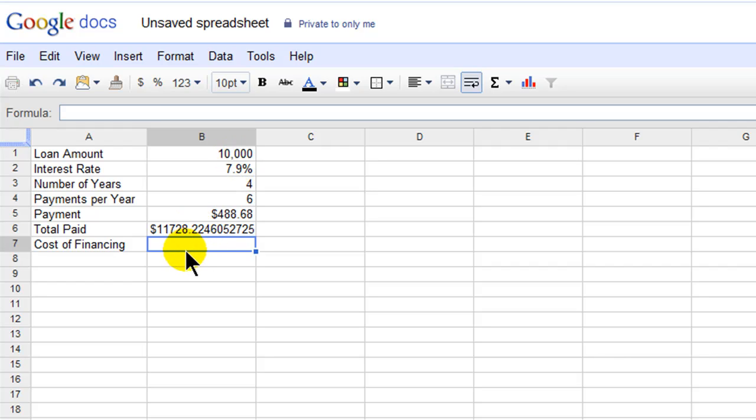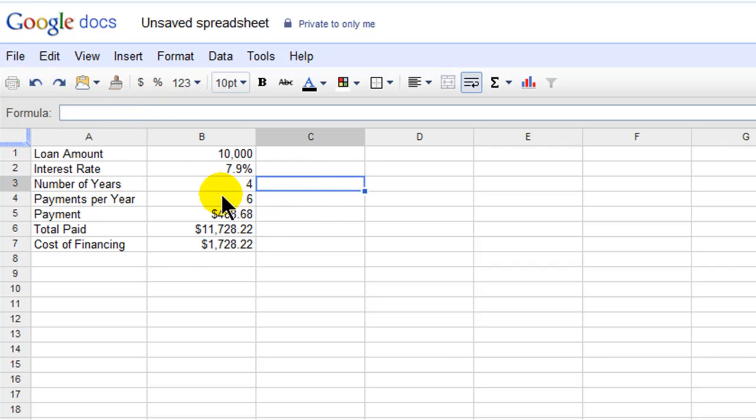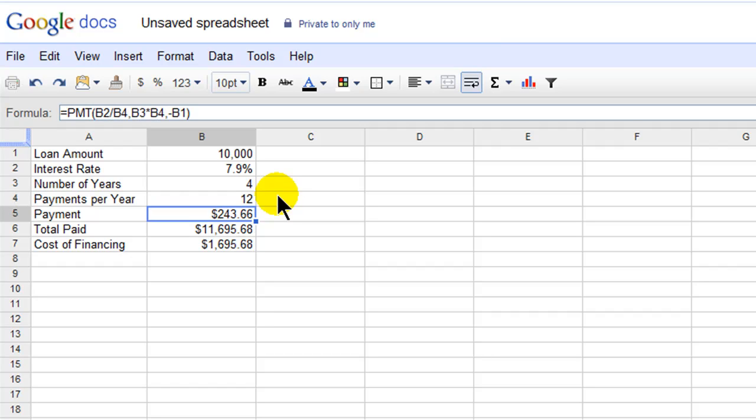Okay? And cost of financing is going to be equal to the total paid minus the original loan amount. Okay, and let me just go ahead and clean up the formatting on these two. There we go. And let's put this back at something a little bit more realistic. I'll do 12 months, 12 months per year, 4 years.